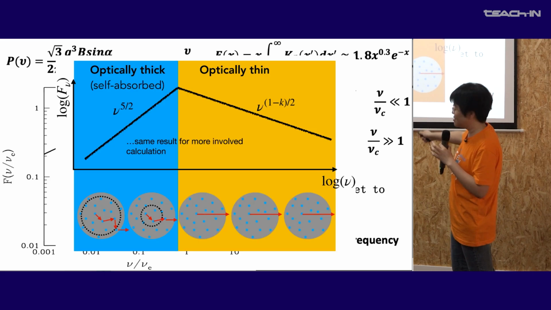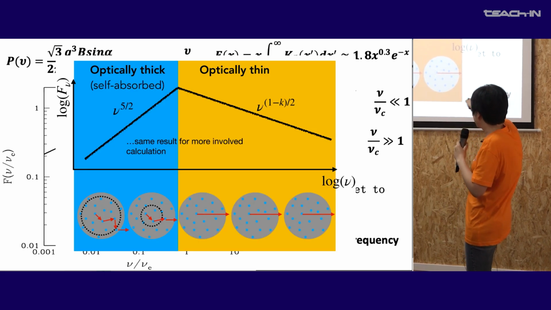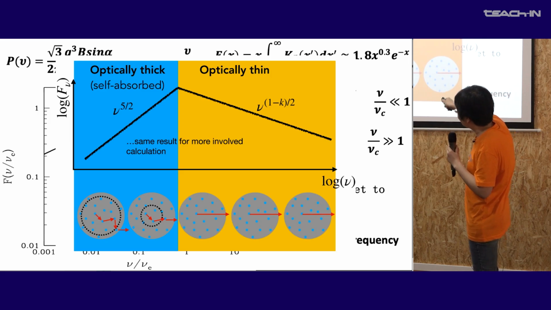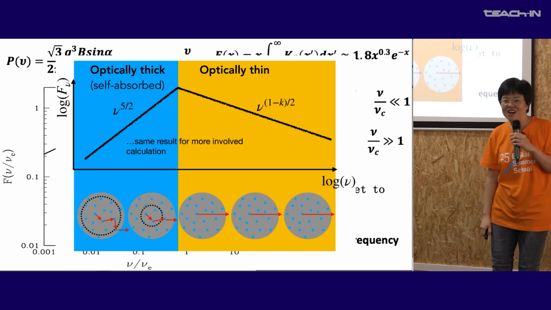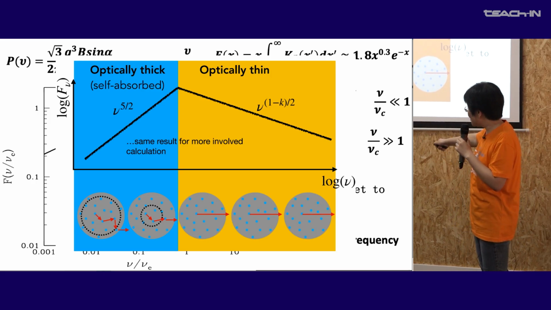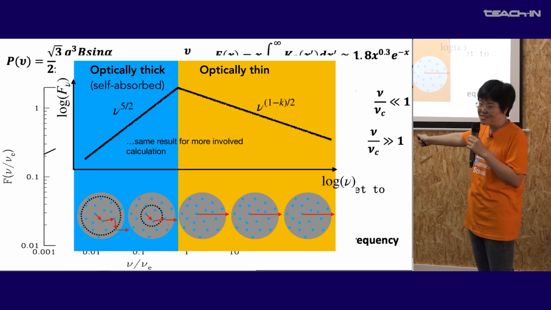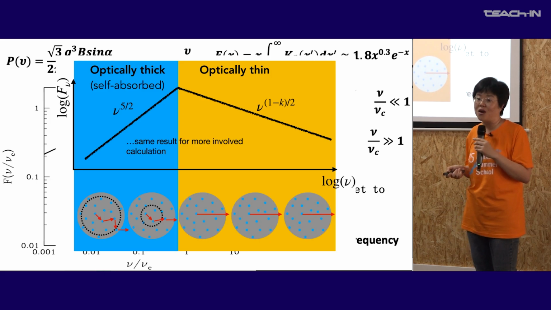So for the shape, why is there a turnover here? Because of absorption, which is called synchrotron self-absorption. When the energy or frequency is low, photons are more easily absorbed.